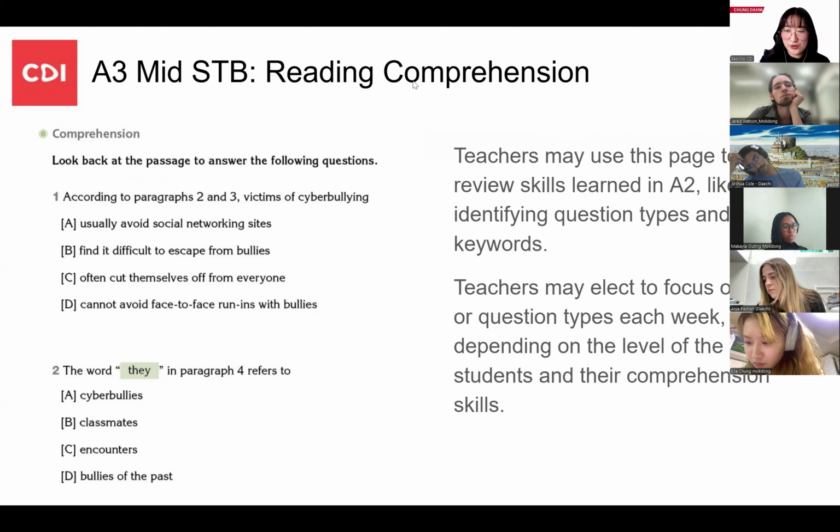You can elect to focus on just one or two question types each week, and practice those questions from the comprehension page in more depth, or you can just do all of them, but talk about the ones that students struggle with a little bit more. So just adjust that according to the level of your students and how their test taking and comprehension skills are at that point in the semester.